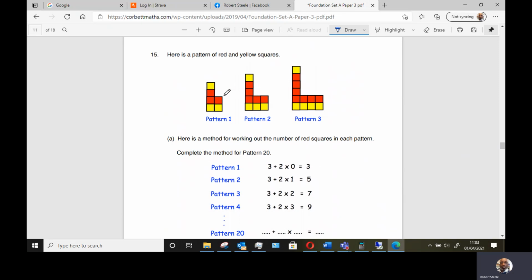So in each pattern, the number of reds is increasing. We start out with 3 reds, and we've got 5, we've got 7, and so on.